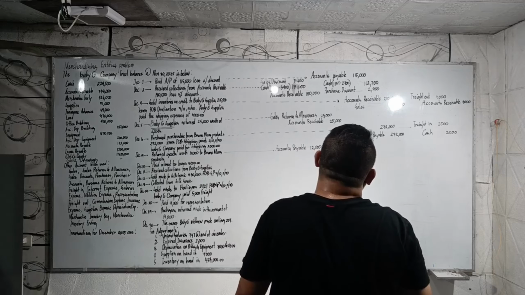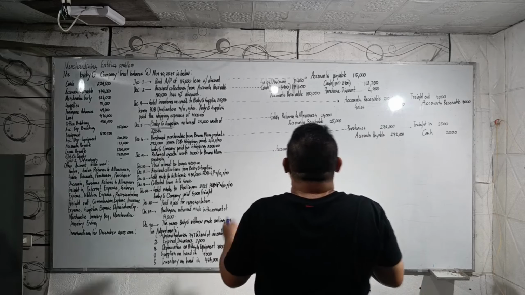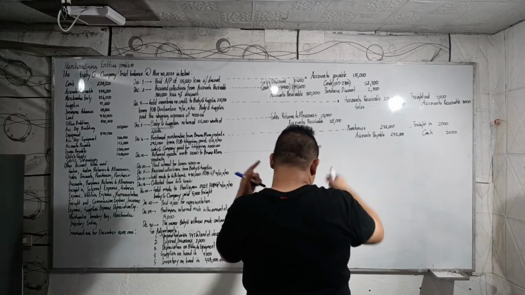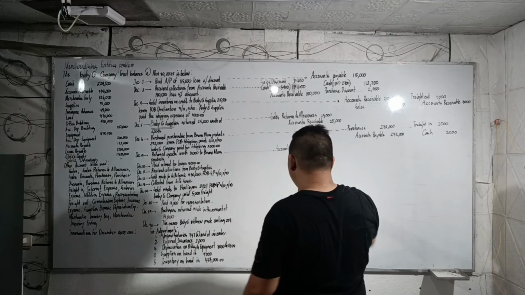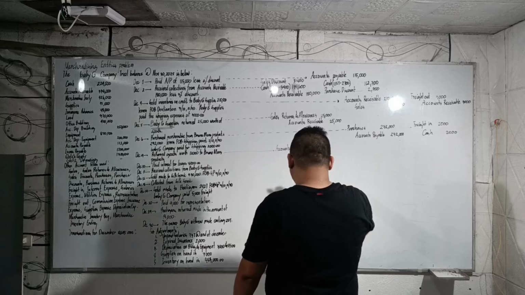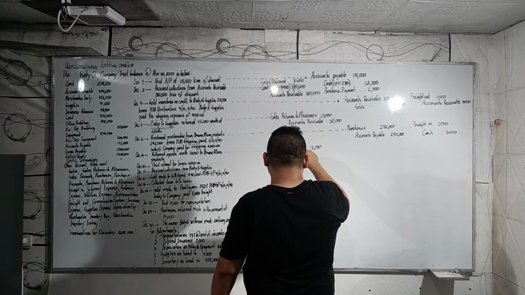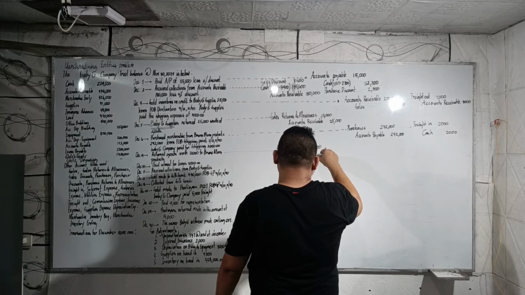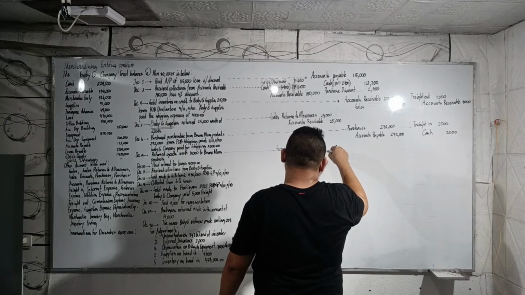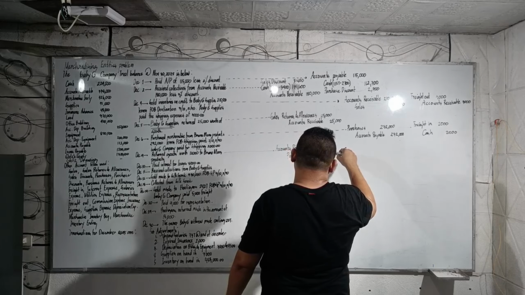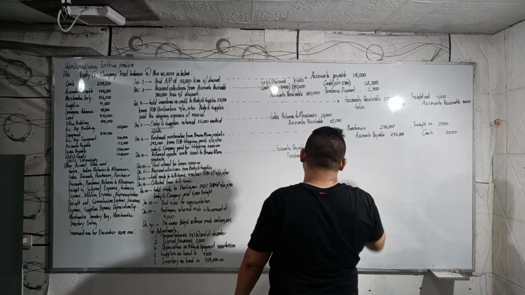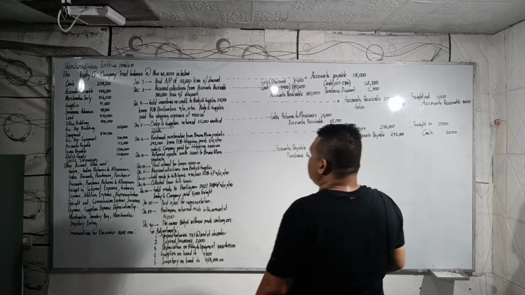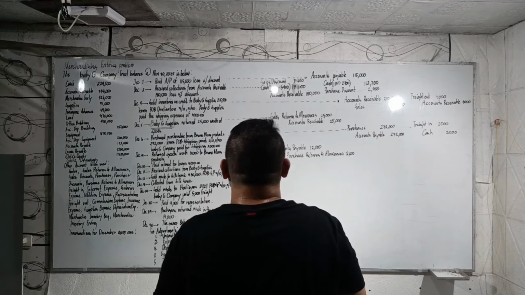So, 232 minus 12, 220 only. We have effectively purchased only 220,000 because the gross is 232 but we returned the 12,000. So, what is that? Purchase returns and allowances. 12,000. That's it for December 9.